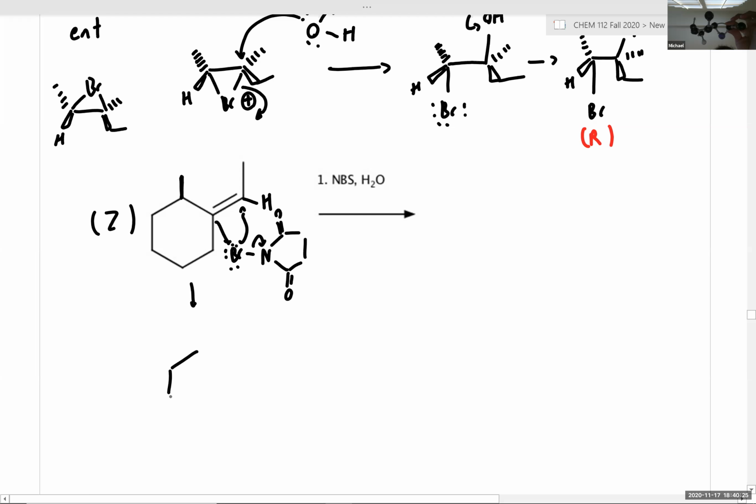So in drawing this out, we have our bromonium intermediate on the bottom, we have our methyl group pointing out towards us, and what is pointing away from us? Hydrogen, exactly right.